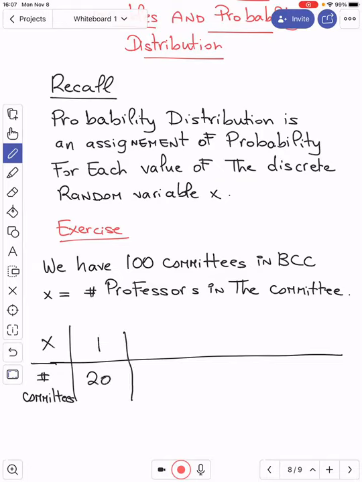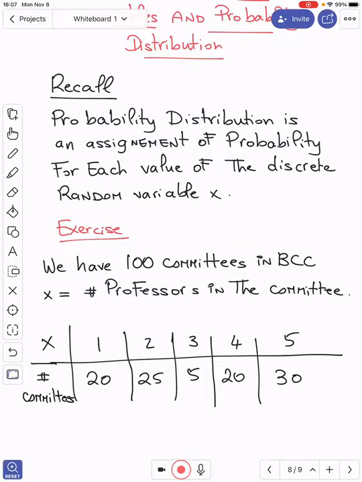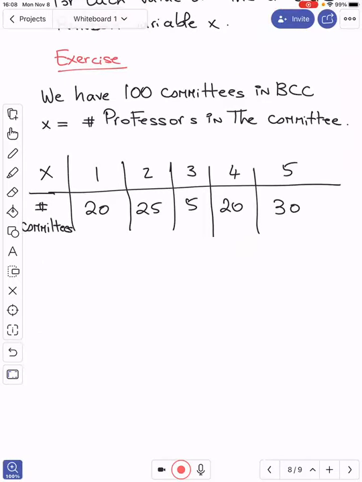We have 5 committees with exactly 3 professors, and 20 committees with exactly 4 professors. And finally, we have 30 committees with exactly 5 professors. So again, X is the number of professors in the committee, and that's your discrete random variable.